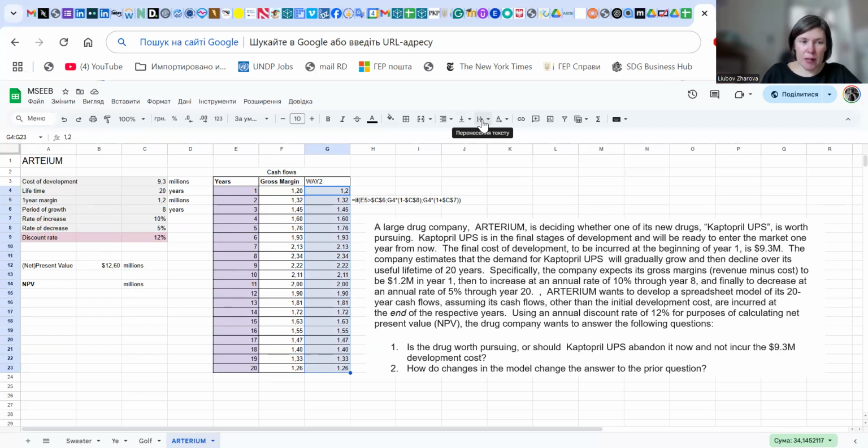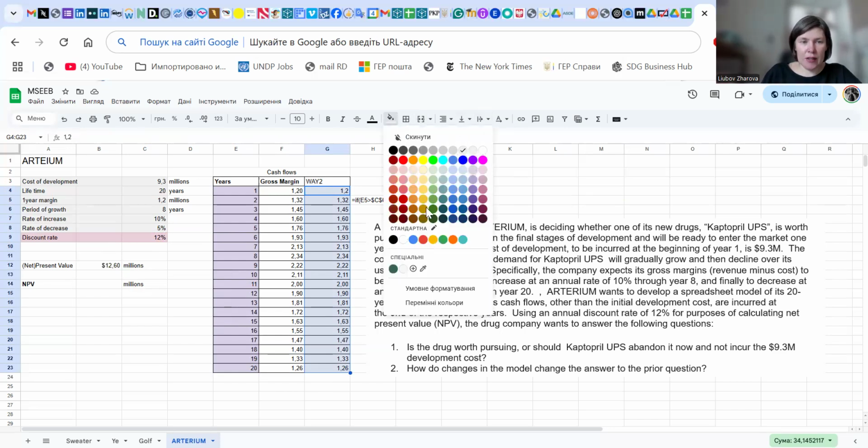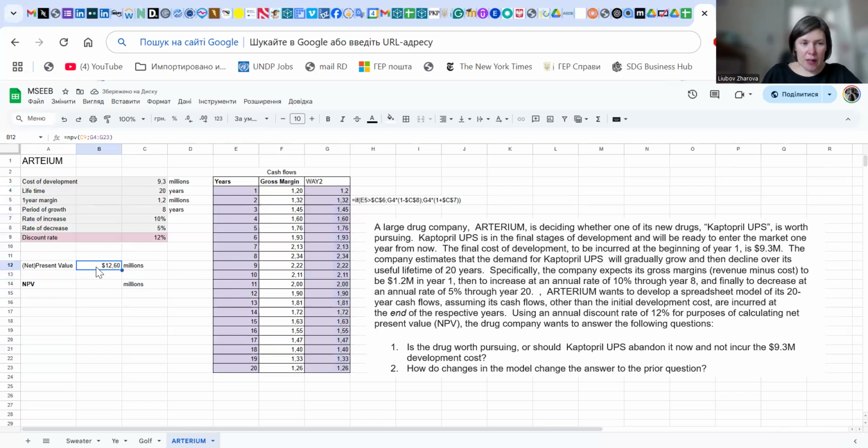So we receive our net present value of 12.6 million, and that shows us that it's positive. The problem is that it's not the economically correct net present value, because to calculate the real net present value, not the present value, we need to subtract the cost. And then we see that yes, it's still profitable, so it's still a good decision to invest in this new drug.